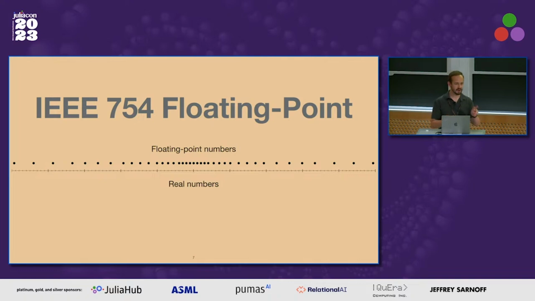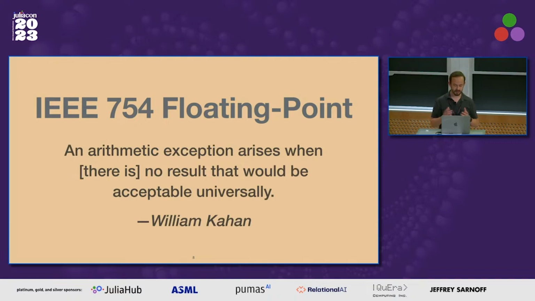And that gap is error, and that error accumulates throughout your computation. And error, combined with finite representation, means that you get into some crazy situations where we get exceptional values. William Kahan says, an arithmetic exception arises when there is no result that would be acceptable universally.